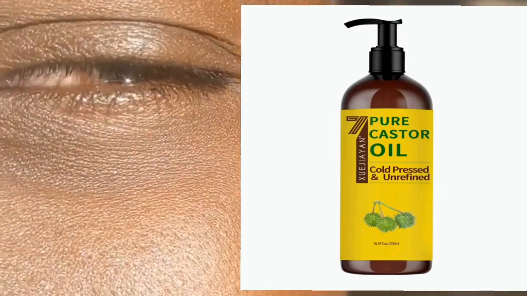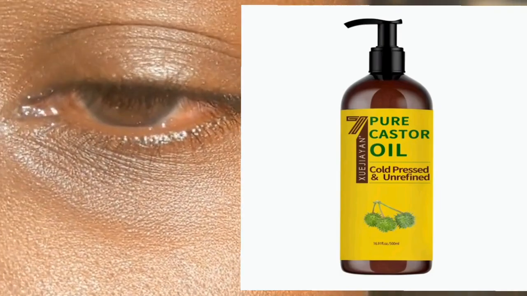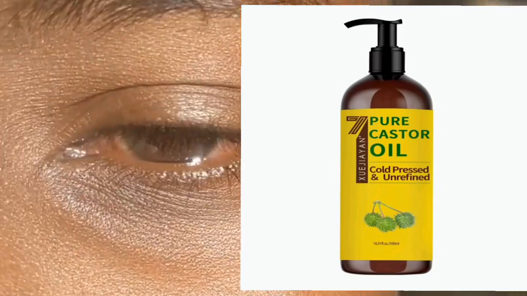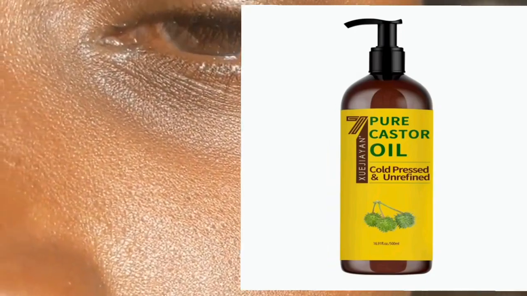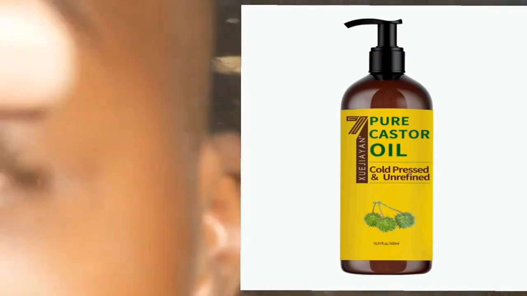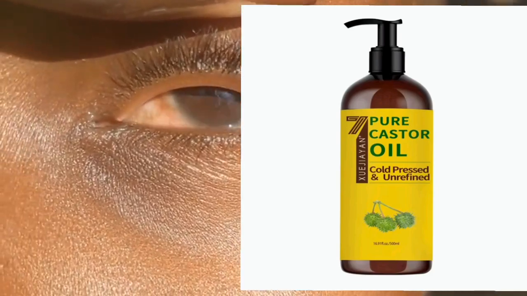On the eyelid, that's where you're applying. Apply three times a day or 2 times a day. For him, I apply 2 times a day, sometimes once, because he's a school-going pupil, and we are able to see results. This was before the application, and I will show you in a later video after the application of castor oil.